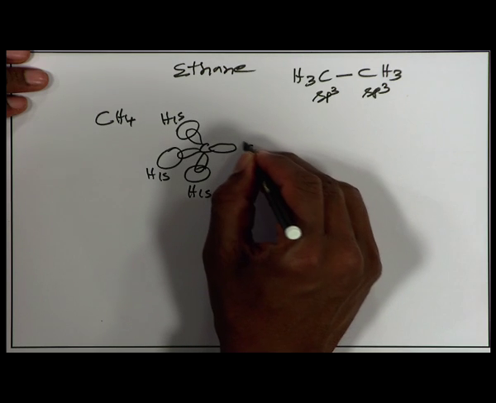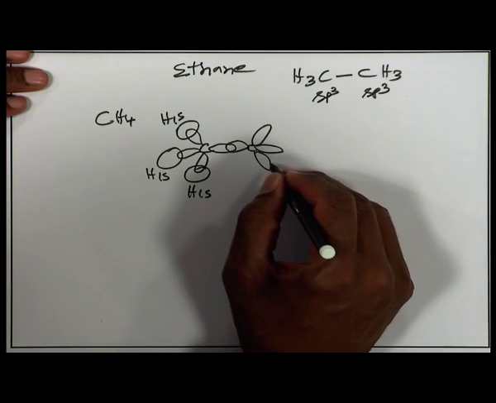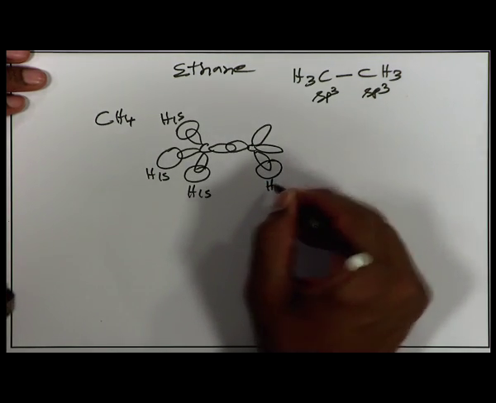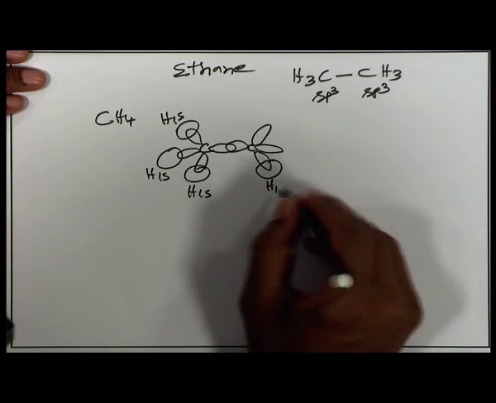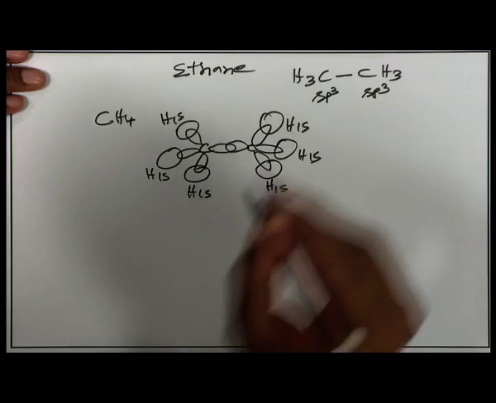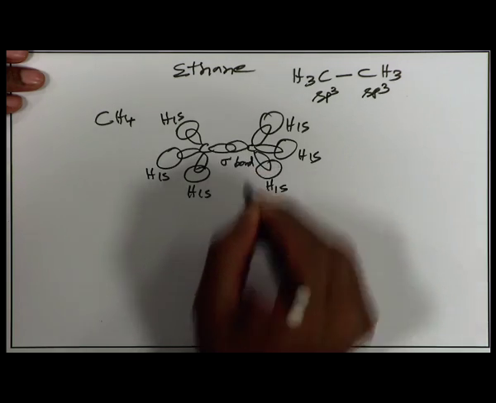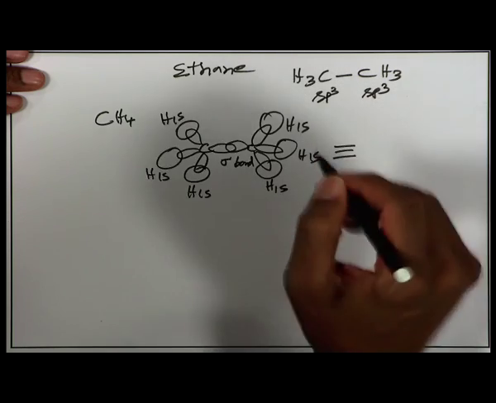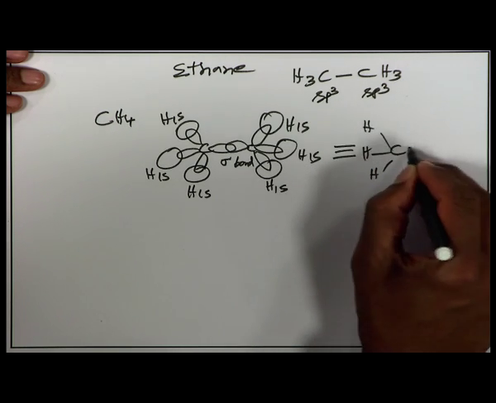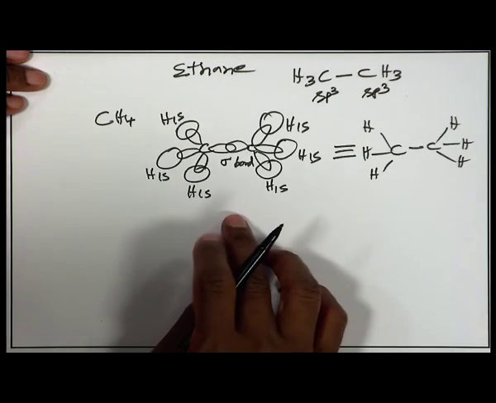This carbon atom also has the same sp3 hybridized orbitals, and 3 more are used to form sigma bonds with hydrogen atoms. So, this is a sigma bond, and this is equal to this structure. So, it is clear now.